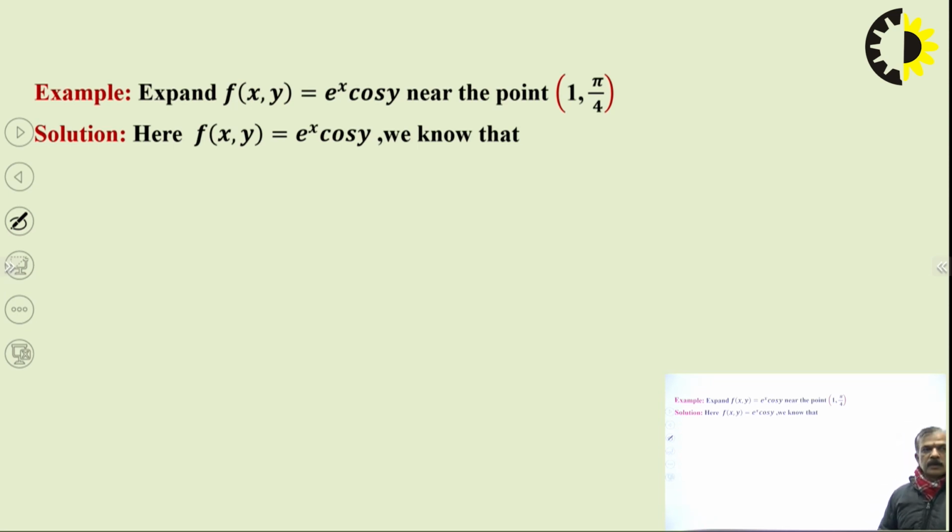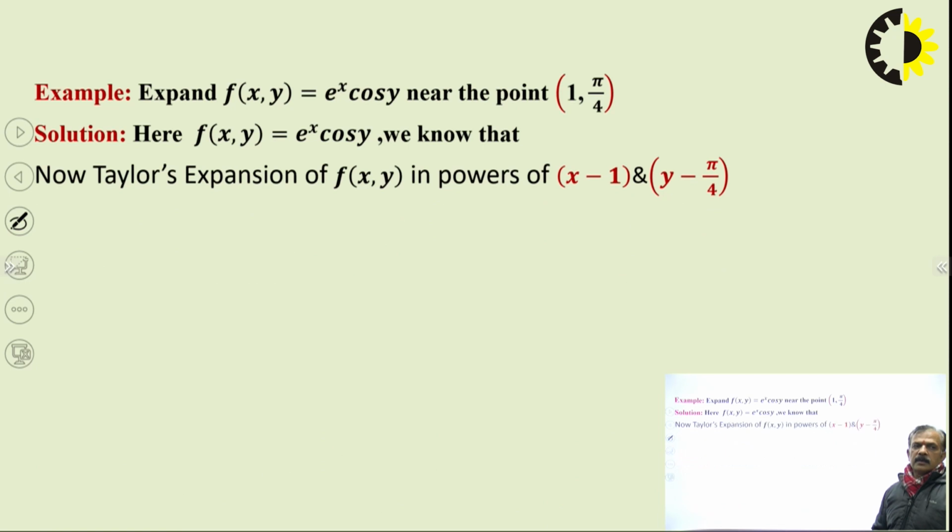So, first of all, we take f of x y equal to e raised to the power x into cos of y. We know the Taylor expansion formula for f of x y in powers of x minus 1, because we expand this function about the point x equal to 1 and y equal to pi by 4, that means in powers of y minus pi by 4.